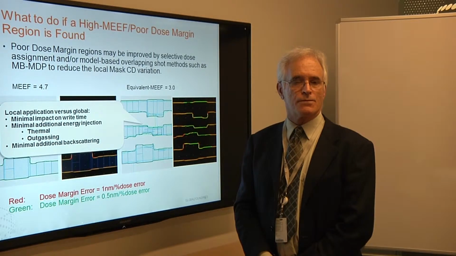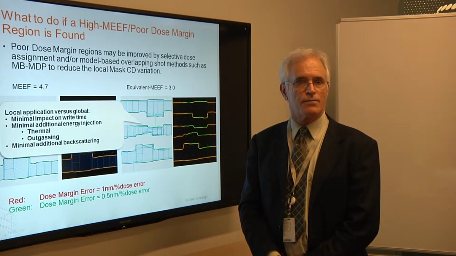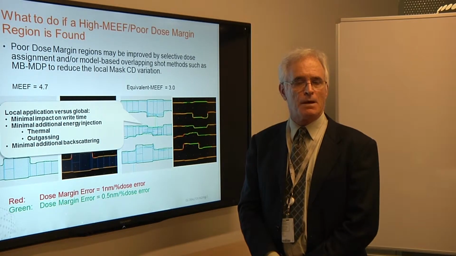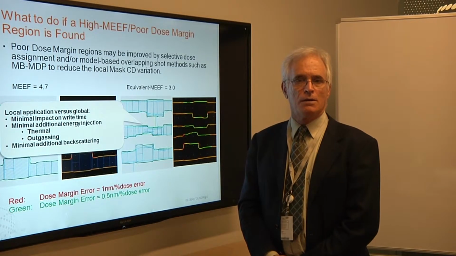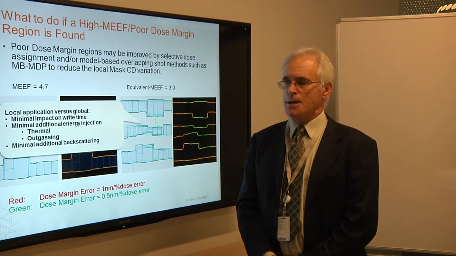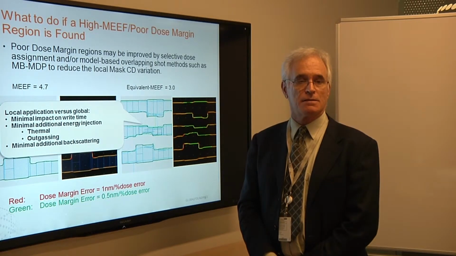So you could apply this to post-OPC or the mask shop. In other words, it could be both or either or? It could be either or, depending upon probably resources more so than anything else.